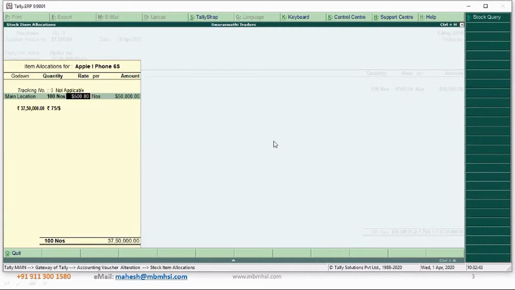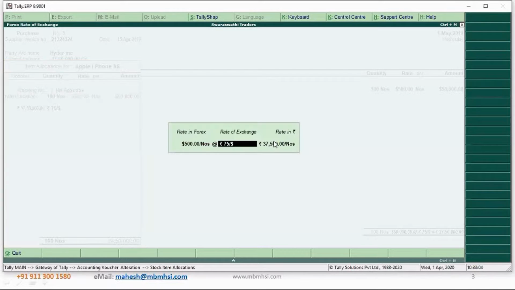Generally, you will have the purchase bill in front of you, a soft copy or anything. Look at that, and based on that, give the rate. In the rate, prefix the currency symbol of the currency in which you are purchasing. In this example, it is dollars. I'm just giving $500. Once I give that, it will open a new screen for you to fill in the exchange rate. For the first time, you need to fill in the exchange rate.